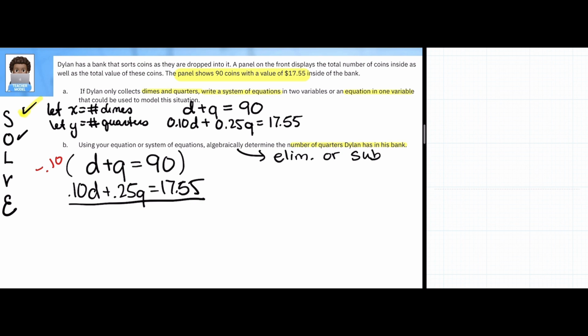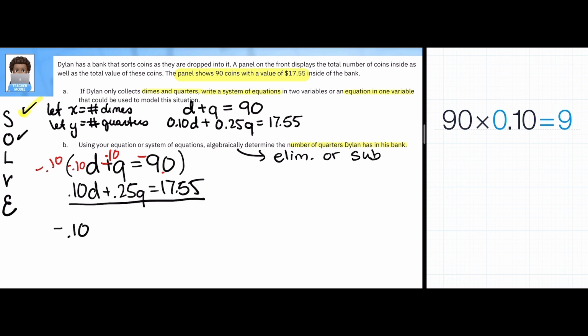So the first two numbers are going to be easy. So negative 0.10D and negative 0.10Q. And now I just have to do the same thing with 90. 90 times 0.10 would be 9. So that's going to turn this into negative $9. Okay, let me rewrite all of that to make sure it looks really clear.